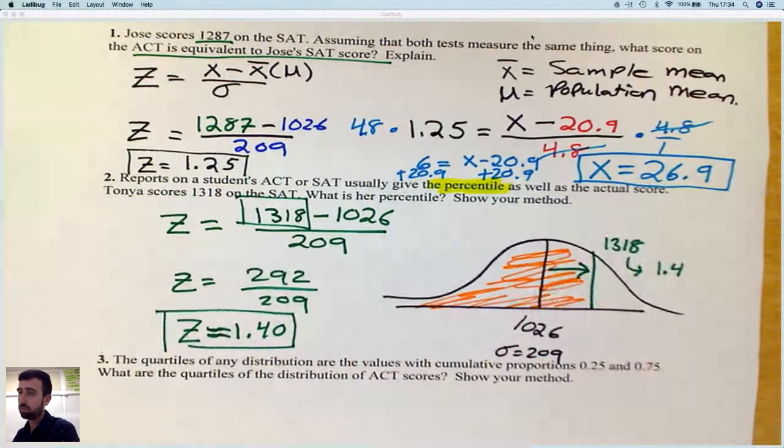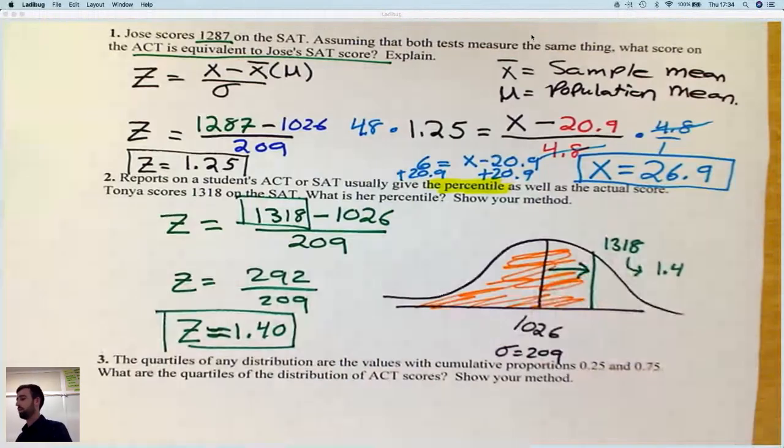So we want to look up on the left side 1.4. So it's right there. And then up here is going to be our hundredths digit, I'm sorry. So since it was 1.40, our number is going to be right there. I'm going to go ahead and circle it.